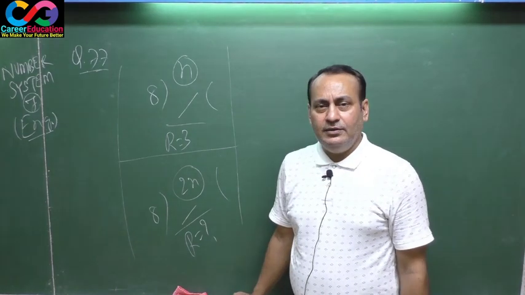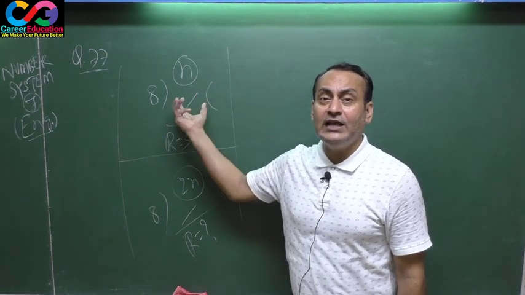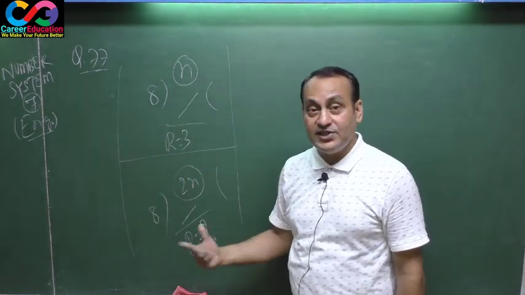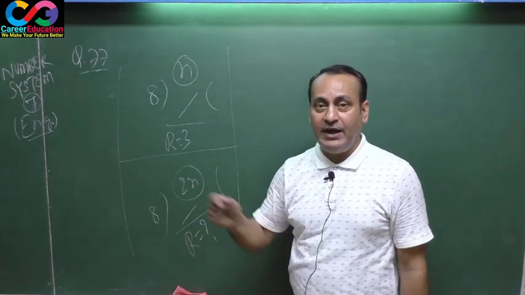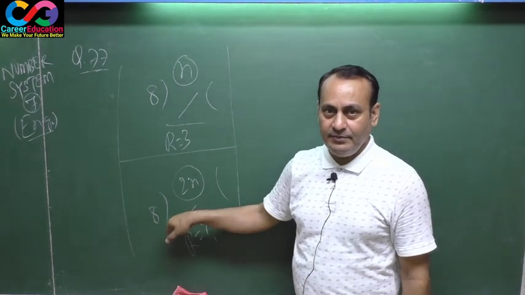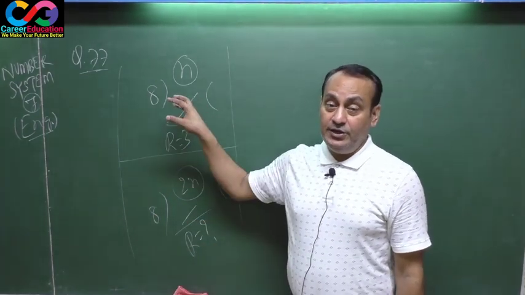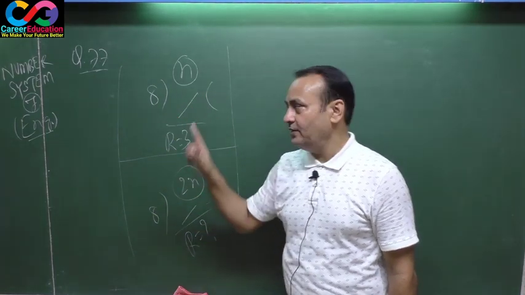But in this question every time the divisor is the same, but the dividend has been changed here. That means the number which you are going to divide by 8 every time is changed. Firstly you divided n by 8, now you are going to divide 2n by 8.